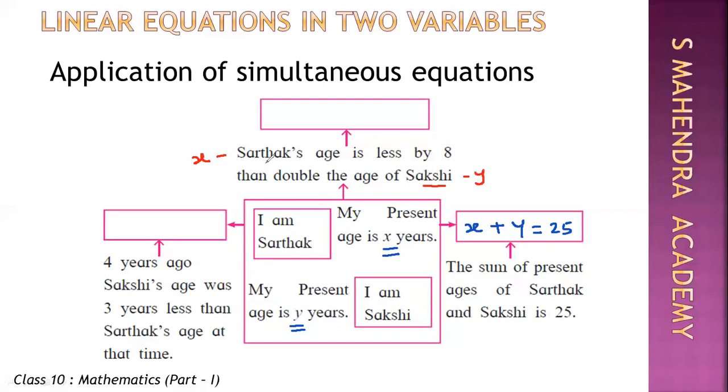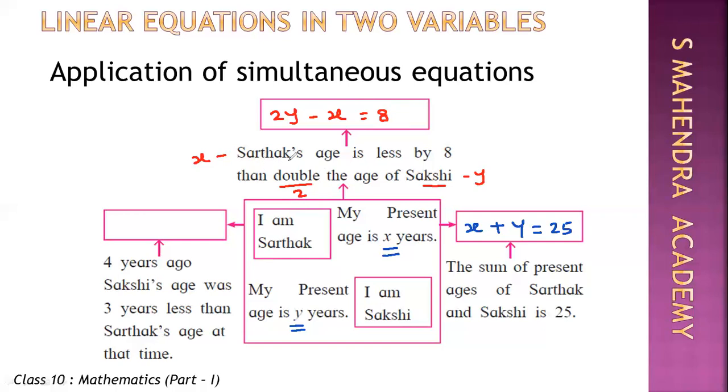Double means multiplied by 2, so it is 2y, double the age of Sakshi, and the difference with the age of Sarthak is 8.